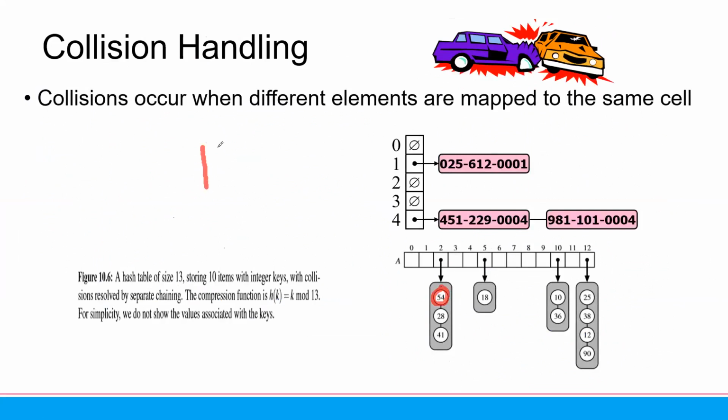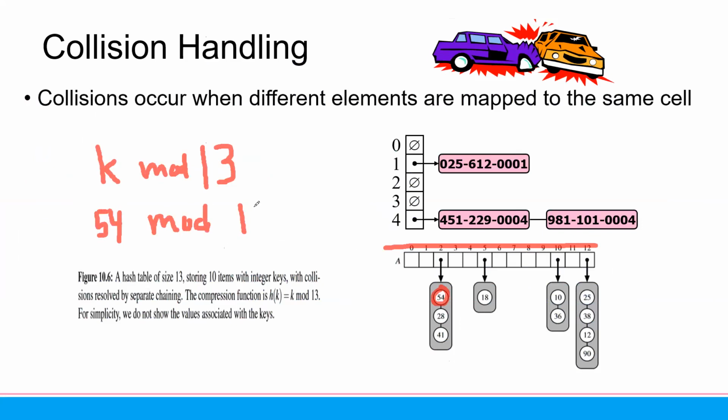Because I have size 13, every integer I can consider with the function k mod 13, because every integer I want to put only in the 13 spaces. So if I have the value 54, 54 mod 13, what is it? It is 2. Because it is 2, I put the item 54 in index 2.